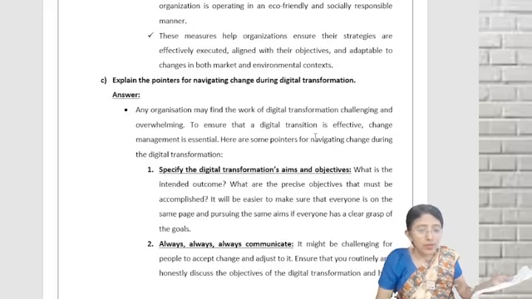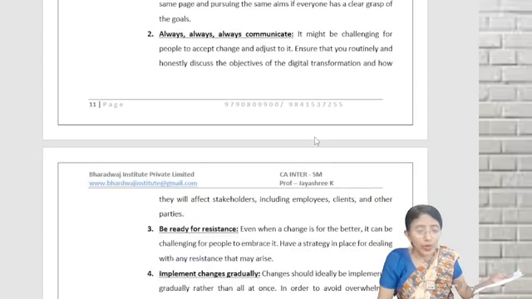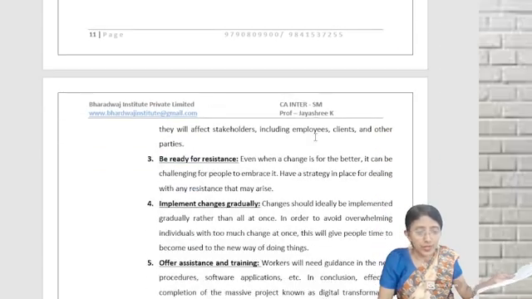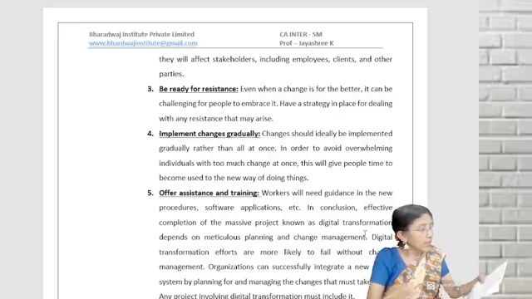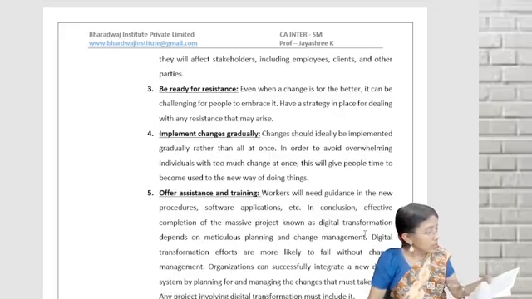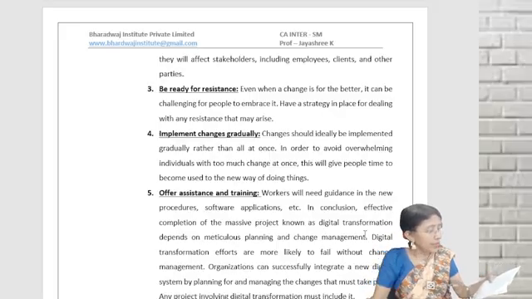So look at this. Specify the digital transformation aims and objectives. Always communicate. Be ready for resistance. Implement changes gradually. And also offer assistance and training.